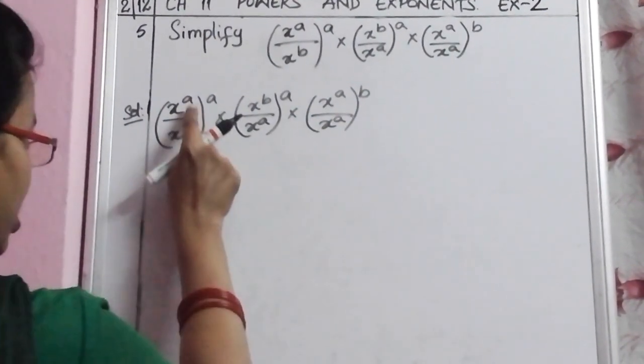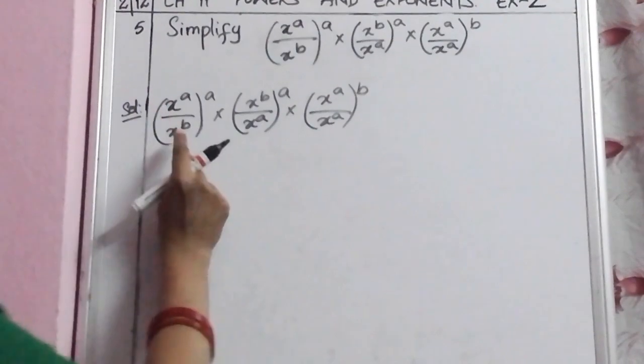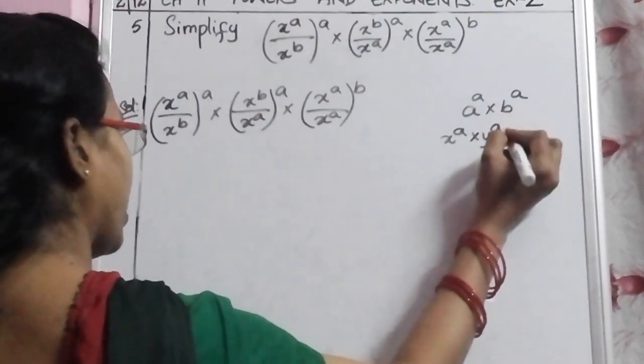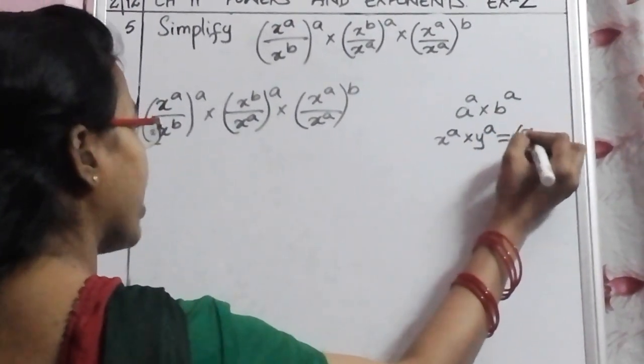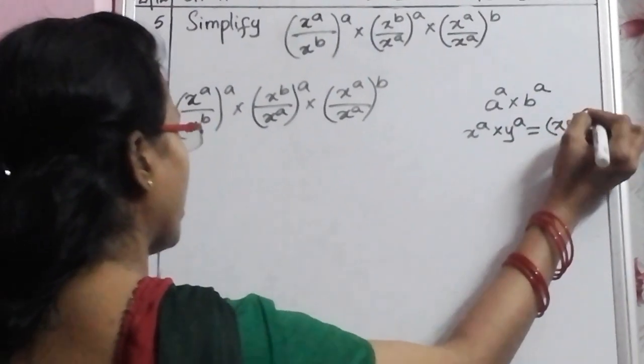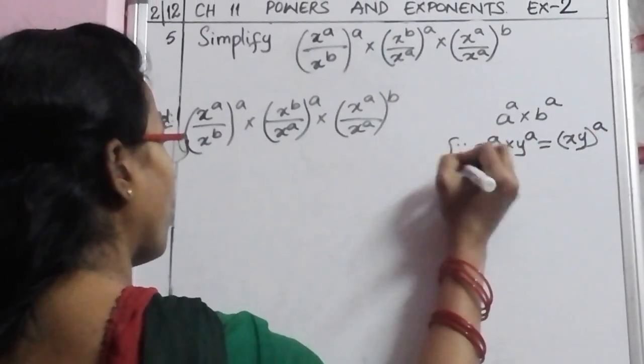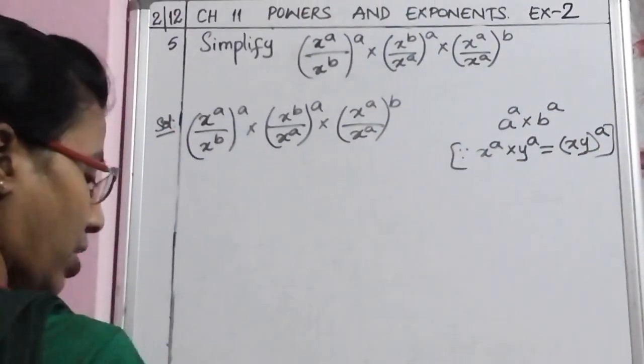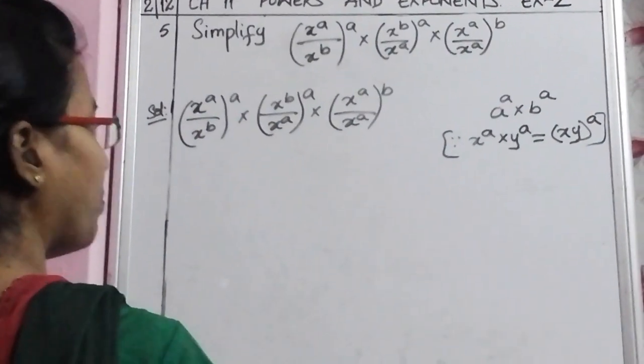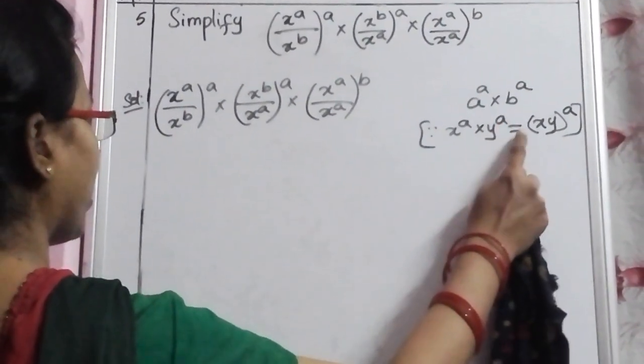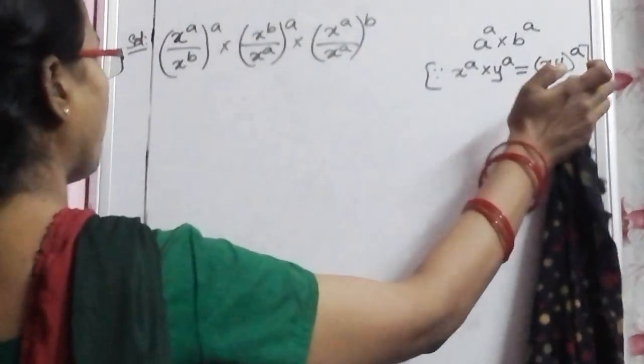So here you can see that this is x to the power a into y to the power a is equal to (xy) to the power a.